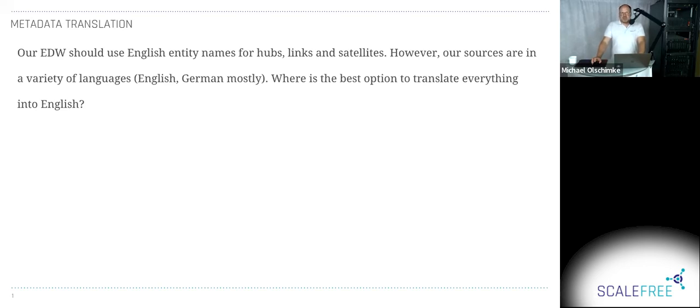So the relational staging area for sure, but even the data lake, I would keep as is, because translating the metadata takes some time as well. And I want to absorb as much data as possible. So I don't want to spend much effort in the first step of getting the data into our infrastructure. So I keep the original metadata as is.